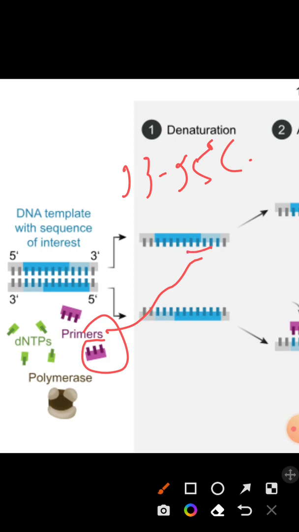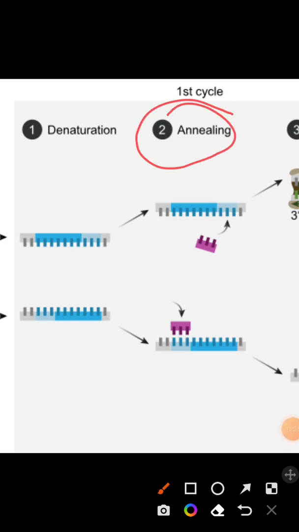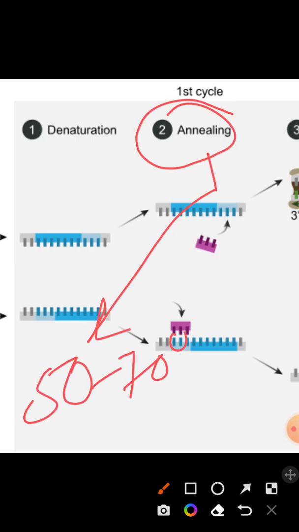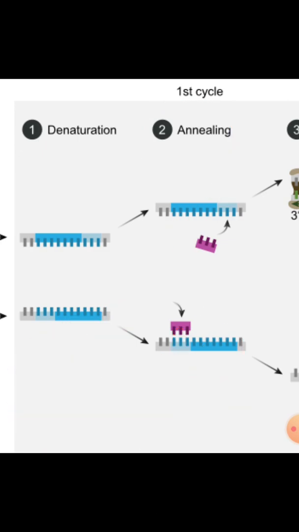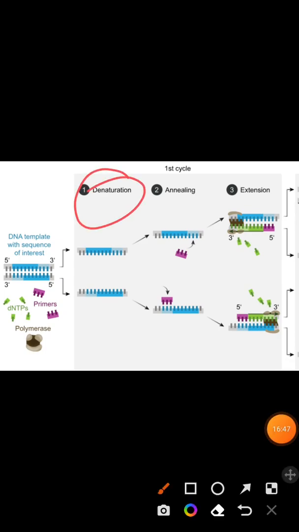Okay, so after denaturation the primer will bind. If I consider this portion is 5 prime, this portion is 3 prime, so here, and in that one here. The primer binding step is known as the annealing step. And remember, the annealing step is a very important and crucial step of the PCR technique, and it requires a temperature of 50 to 70 degrees centigrade, which is obviously quite lower than the denaturation step.